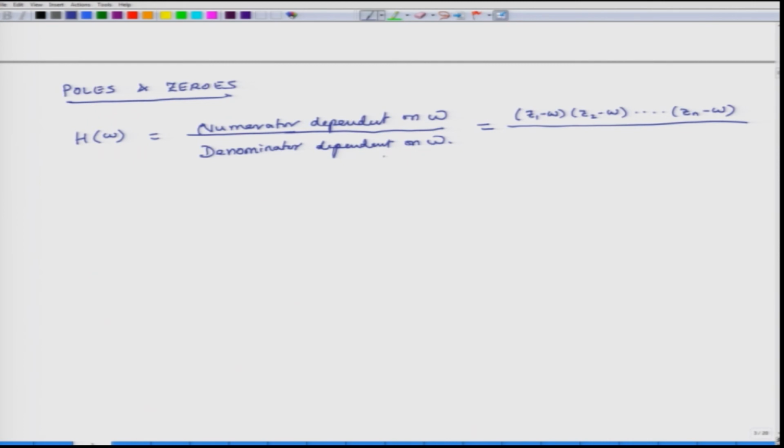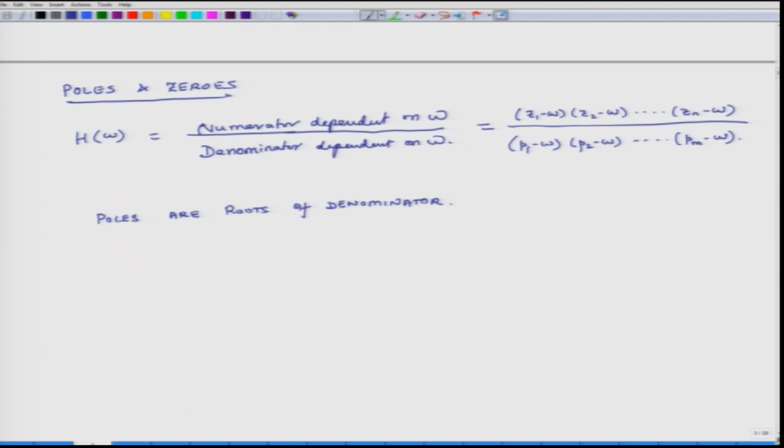And similarly, if the denominator is a polynomial of mth degree, then it will be p1 minus omega, where p1, p2 are constants, p2 minus omega, up to pm minus omega. So, poles are roots of the denominator. They are roots of the denominator.